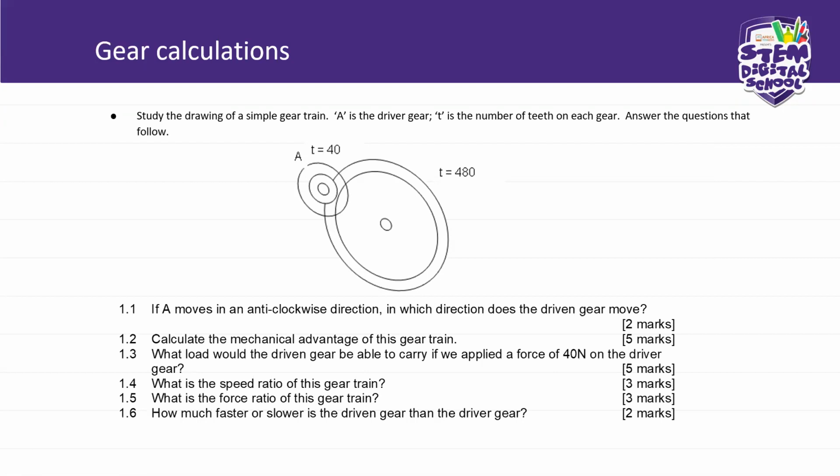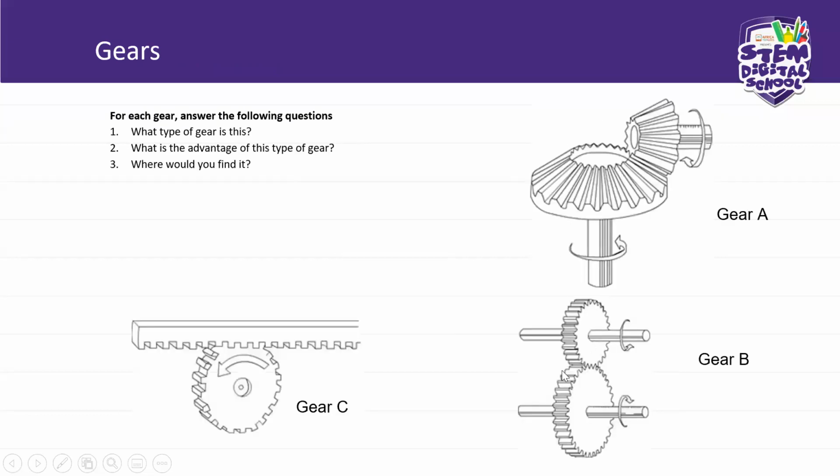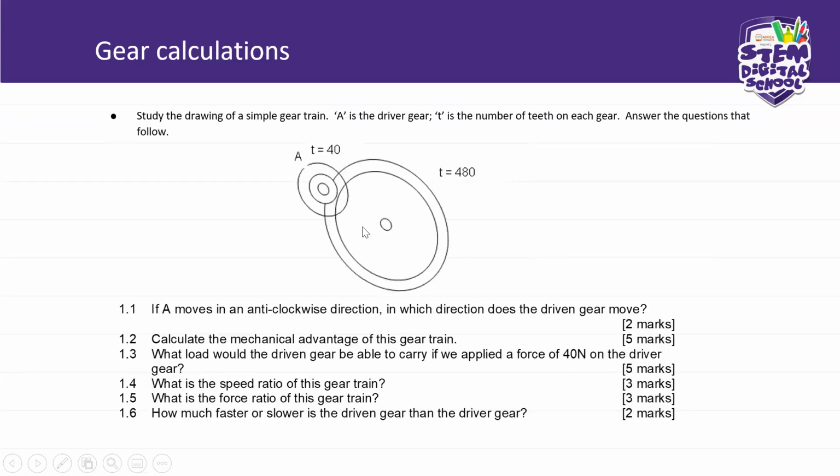These are graphic symbols. Or if they say, draw a graphical representation of this gear system. It looks like this, but this is not a graphical representation. This one is, because it has graphic symbols.